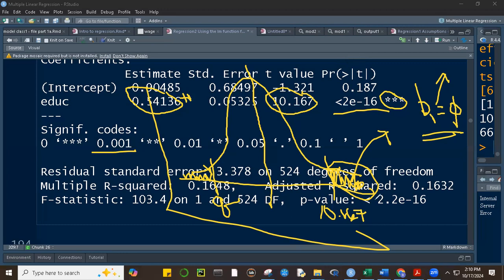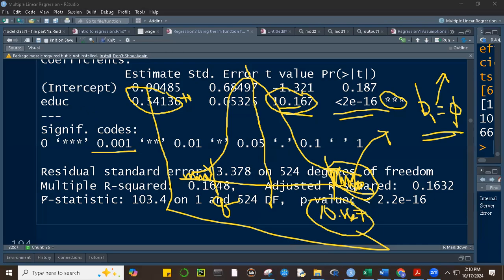So we'd like to compute for this one because we said that it's important for us to understand the anatomy, the physiology of your regression output. So how was this solved, class? So once again, this is your t distribution. We know the t value, this one. So we know that this is 10.167. Okay?